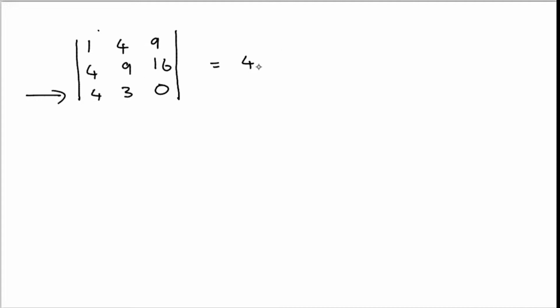So we can take the positive value, 4 into, then we have to remove the row and column corresponding to the element 4. So we get 4 into (16 minus 9 into 9), then minus 3 into (16 minus 4 into 9).